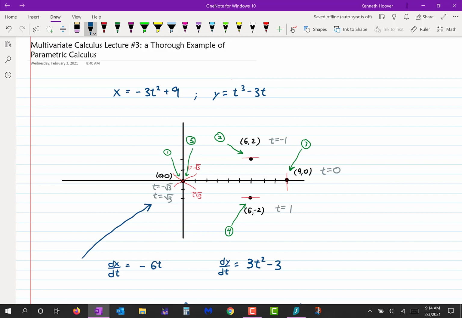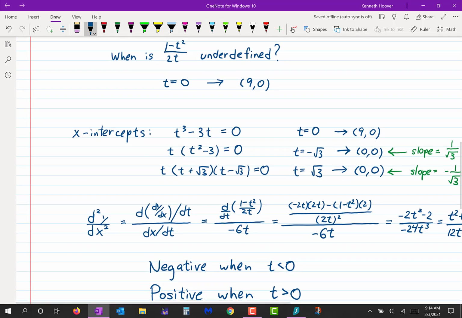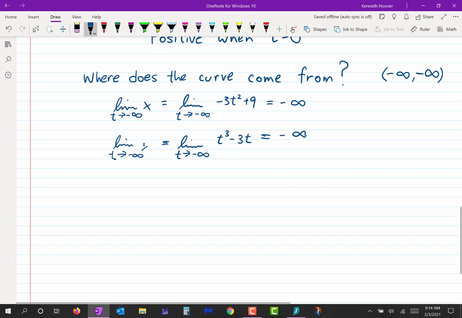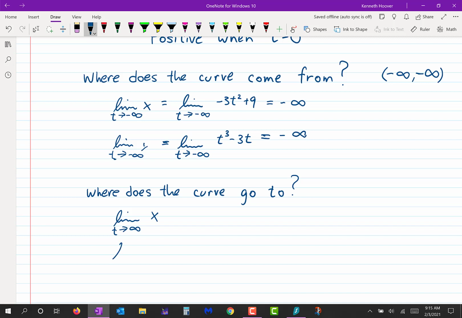Now, let's find out where the curve goes to. That's just as easy. Where does the curve go to? So we just do the limits of x and y as t goes to positive infinity.